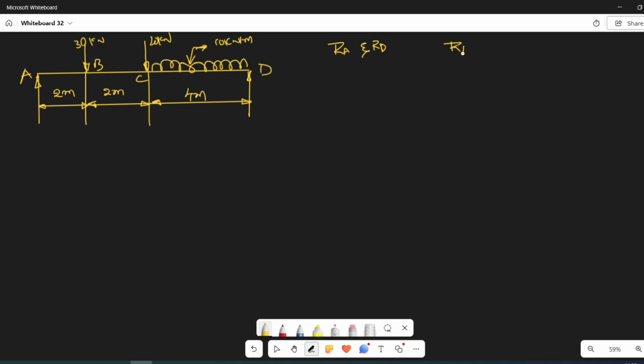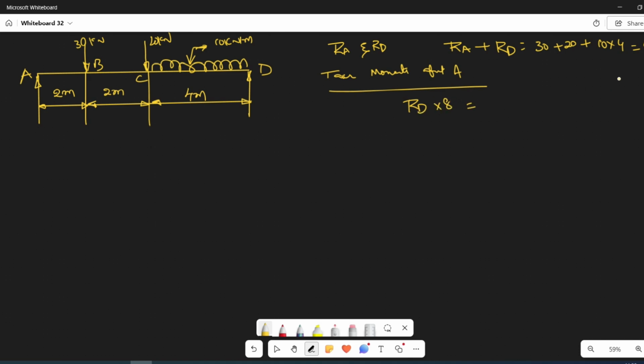We know that RA plus RD should be 30 plus 50 plus 40, right? Now, let us take moment about A, RD equal, writing them.